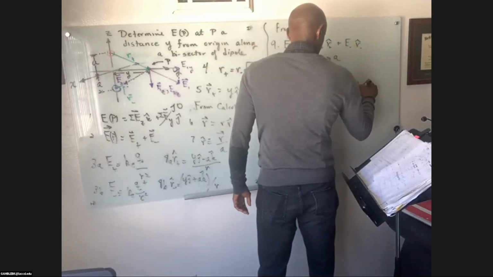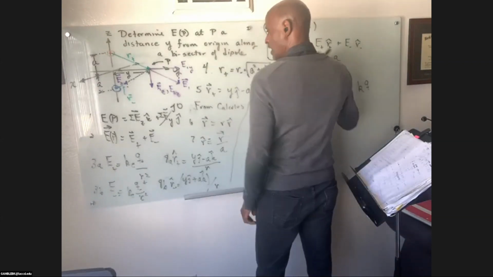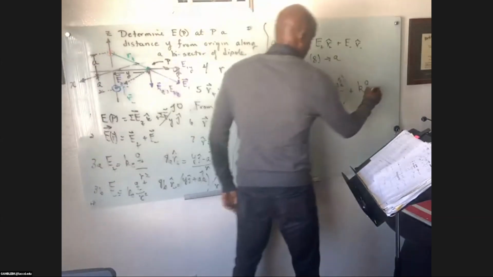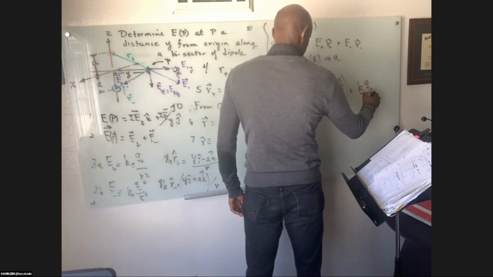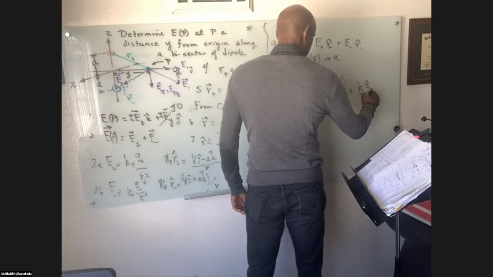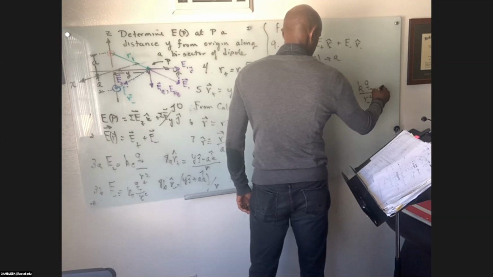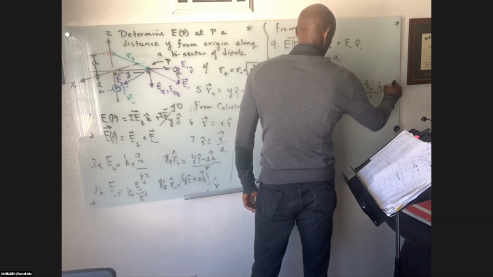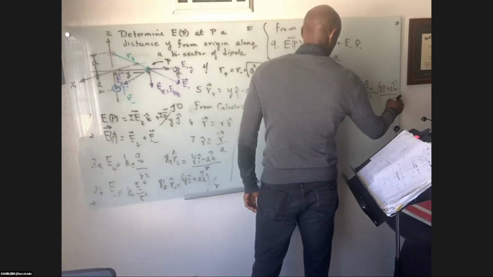And since the charge is a dipole, it basically is the same magnitude. Actually, I'll keep it Q minus for now. They're the same magnitude, but for now I just keep it Q minus, and then R minus squared times that unit vector, which is y j hat plus a k hat over the magnitude R minus.